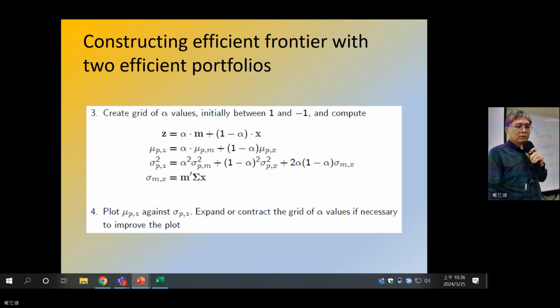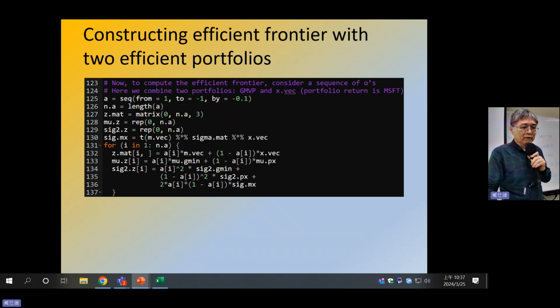The only thing we have to make sure is that the X portfolio is also on the efficient frontier. You can find any efficient portfolio you like. You can set any given rate of return. You can find the weighting for this X. So these are the first 2 things you have to provide.